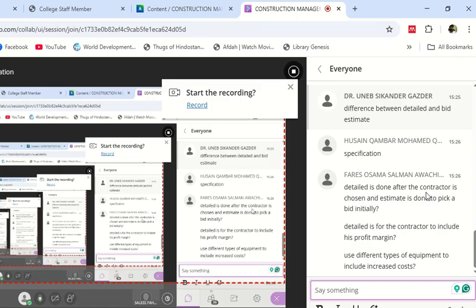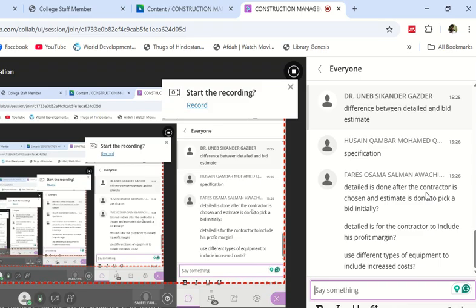So I will go further with what Faris is saying. The contractor may add or subtract something on the basis of his or her own experience and methods. The contractor may have a better knowledge of the market.